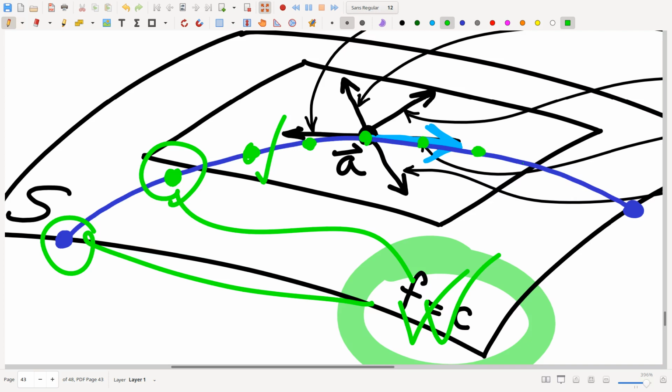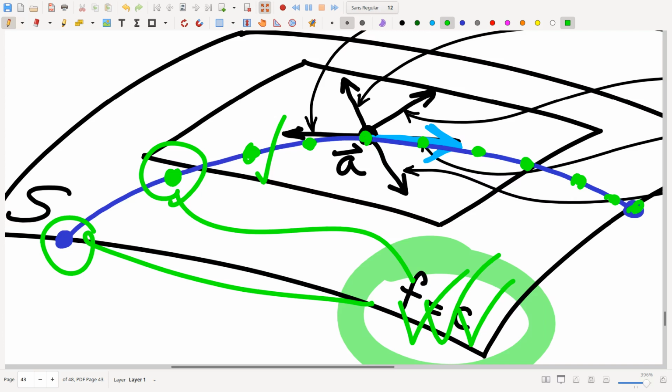Along this entire curve, every point is on the surface where f is always c. So it follows that when you're at this point and moving with this velocity, the function's not changing. The directional derivative is 0. Anybody buy that? Neat fact: if you're moving tangent to a level set, the directional derivative is 0.